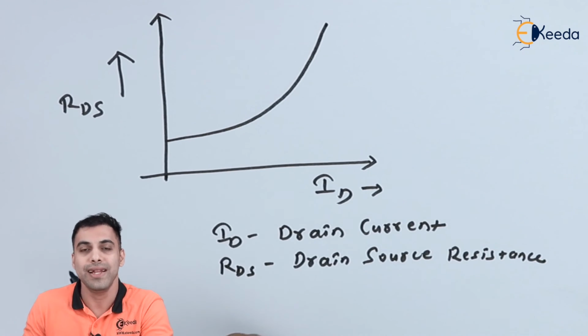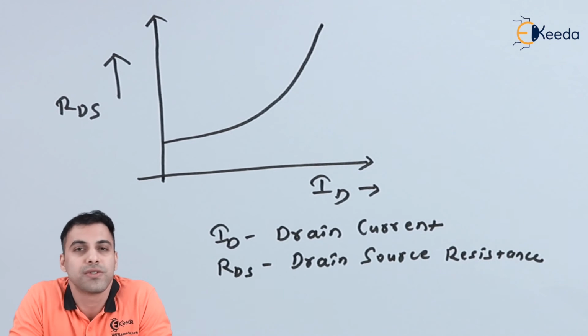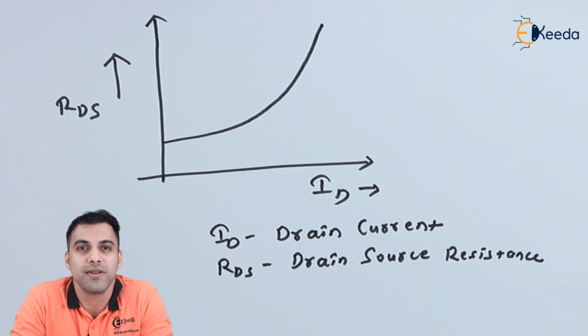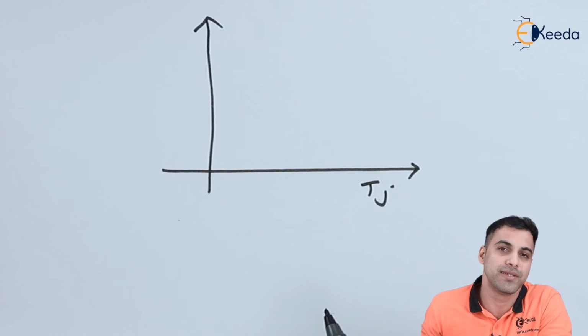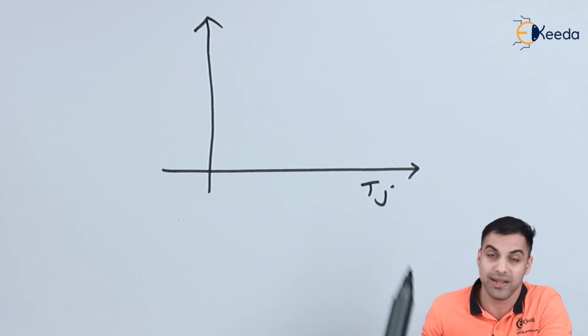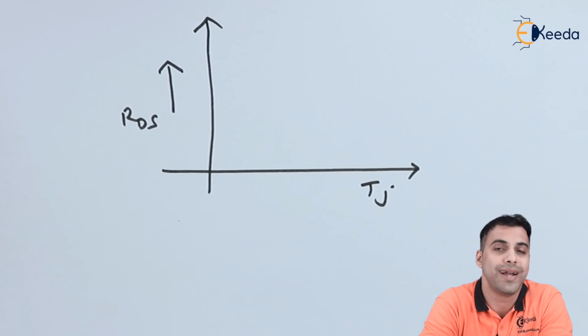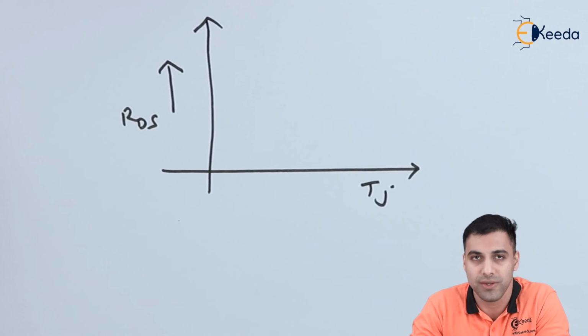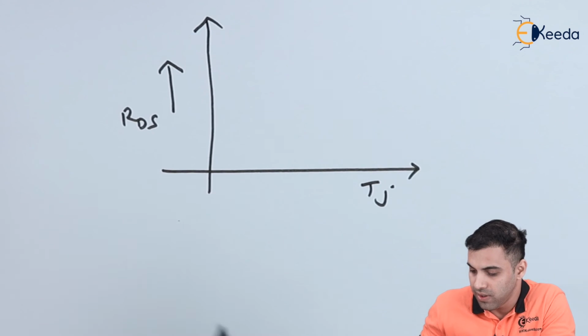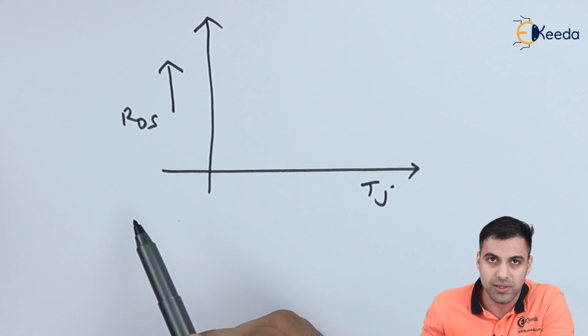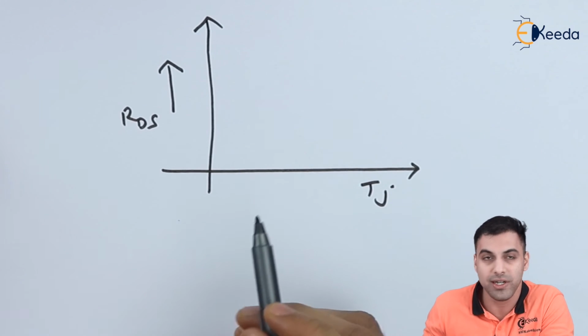Now friends, let's see how the drain source resistance varies with the junction temperature. Let Tj be the junction temperature, which I have taken on the x-axis, and RDS be the drain source resistance. Now, the drain source resistance varies in this way with the junction temperature.